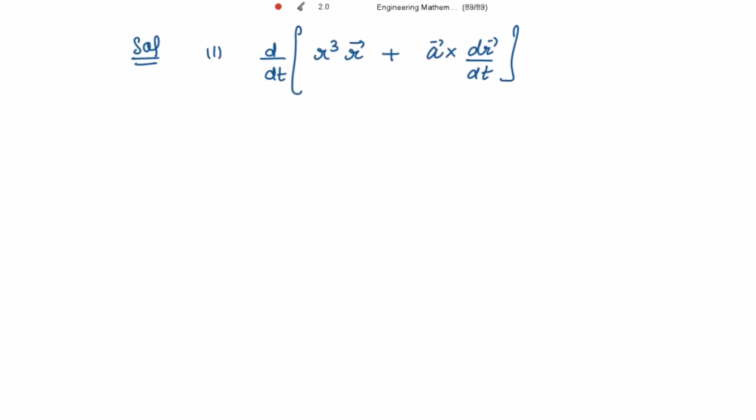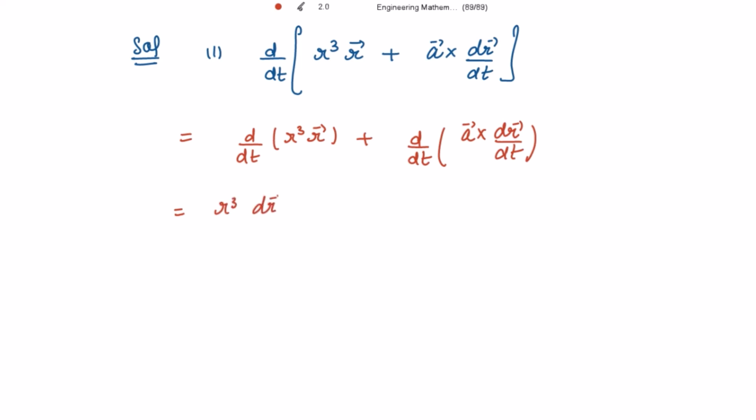So first we need to differentiate this sum. That is equal to differentiating the first term plus differentiating the second term. So this is further equal to, okay, first function derivative of the second one plus second function derivative of the first one, that is 3 into r square into dr by dt.